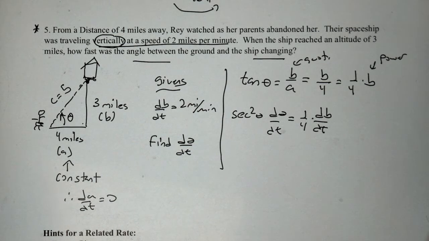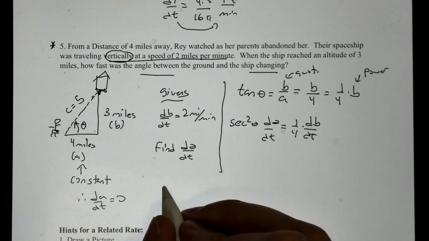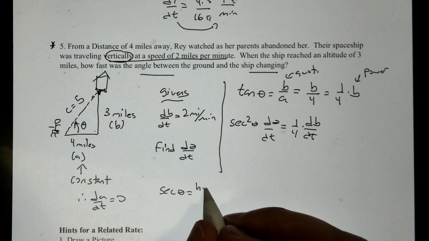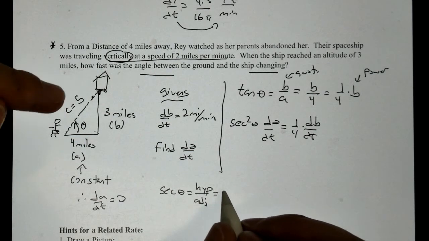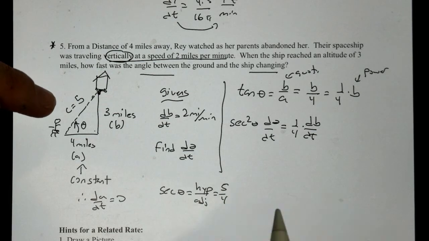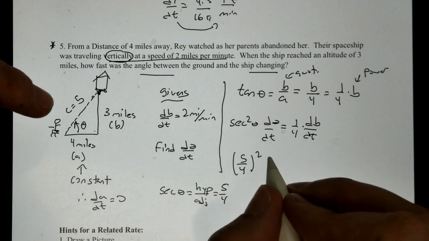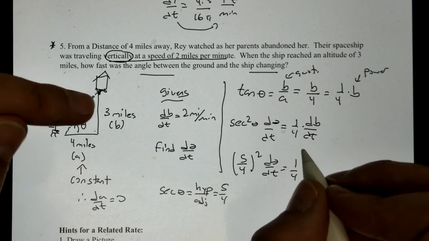Now I just got to plug everything in. And it's going to look nasty. I do have to know what secant squared is, so I need the secant of theta. Well, the secant of theta is just the hypotenuse over the adjacent. The hypotenuse we said is 5, the adjacent is 4. So this is (5 over 4) squared dθ/dt, equals 1/4. Well, what's dB/dt?